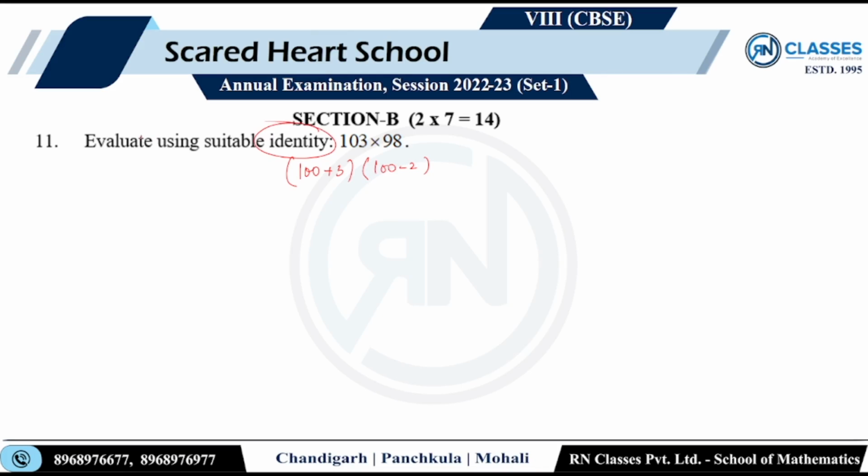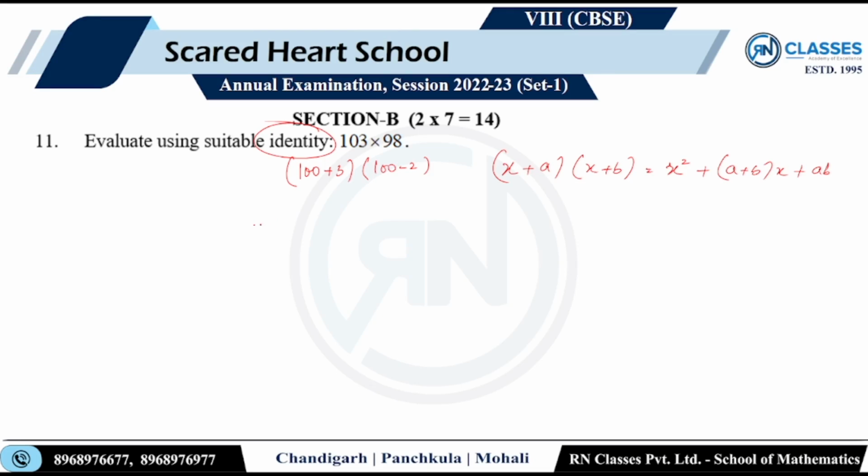Suitable identity बोली थी, किसी ने multiply तो नहीं कर दिया directly? Be careful guys. Means (x + a)(x + b). I'm going to use this formula because this formula carries marks. x square plus (a + b) into x plus ab, right?